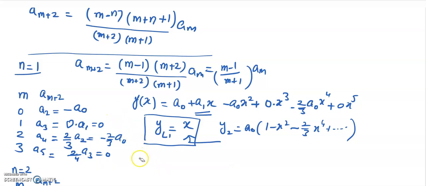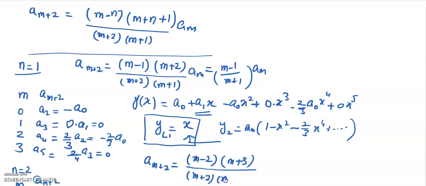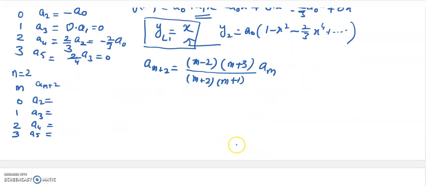So we will put n is equal to 2 over here. So a m plus 2 for the recursive relationship will be m minus 2, and then m plus 3, right? And then it will be m plus 2, m plus 1, a m. So this recursive relationship will be used for n is equal to 2.